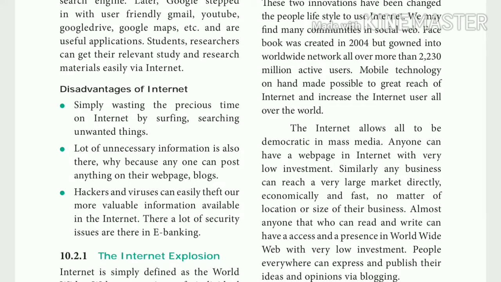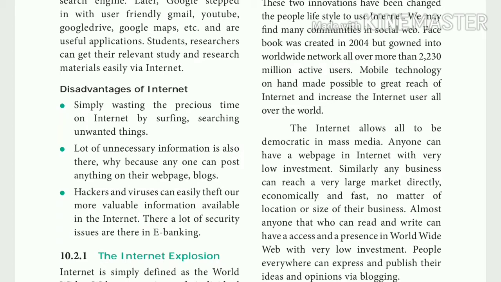A lot of unnecessary information is also there. Why? Because anyone can post anything on their page or blog. Okay, so apart from useful information, there is some unwanted or useless information being stored on the internet.